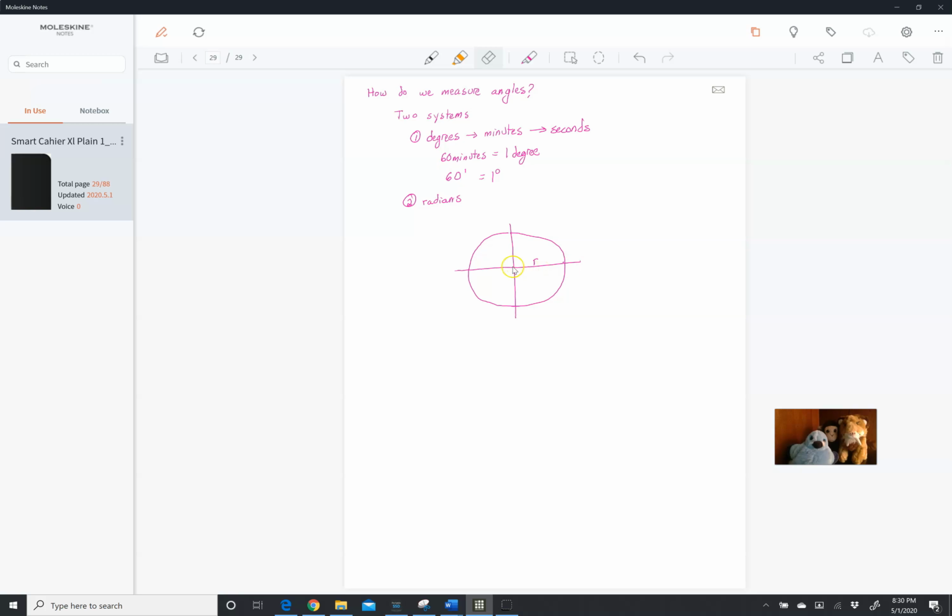And instead of putting that string so that one end is at the center and the other end is on the circle, what you're going to do is lay out that string over the arc of the circle. And that would be equal to a single radian. So let's use green here.